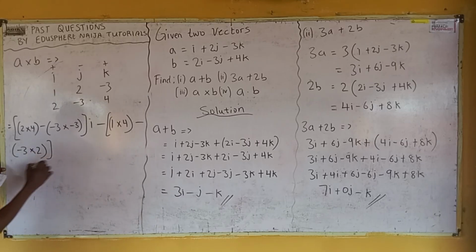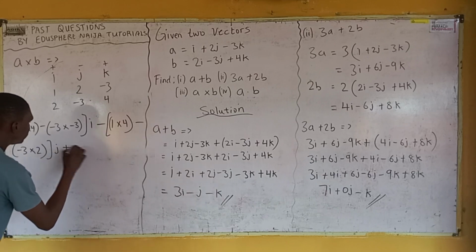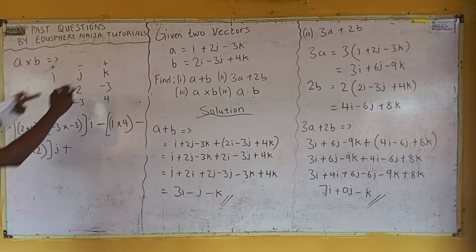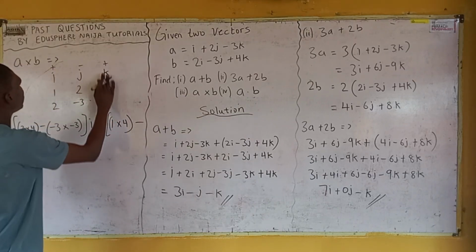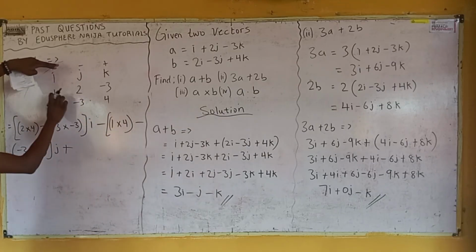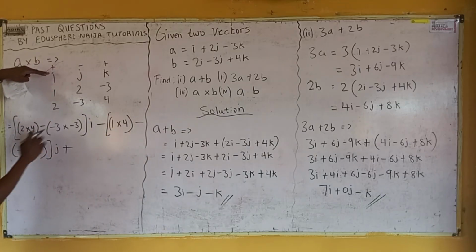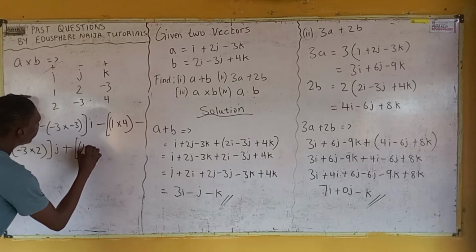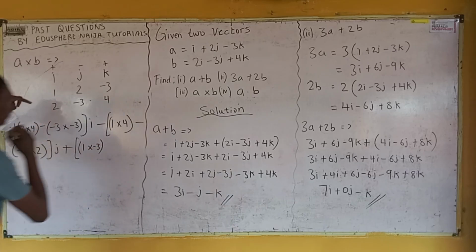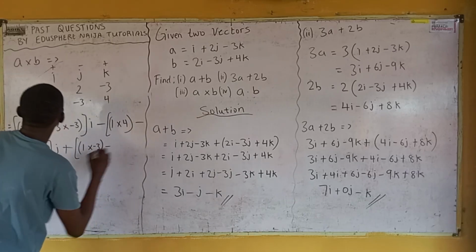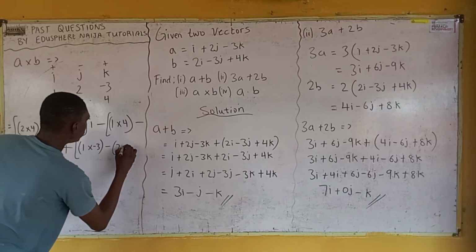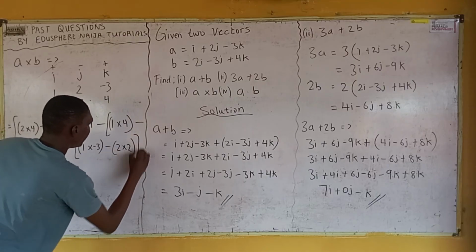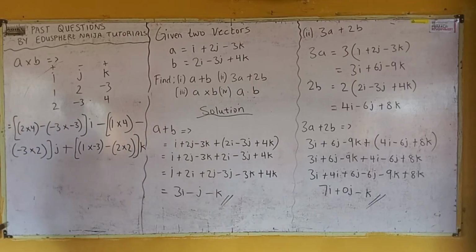And this is for the j. Then the next one is the k. For the k, we are going to cover the vertical on the k. What do we have left? We have 1, 2, 2, minus 3. So that will be your square bracket, 1 times minus 3 in brackets, minus open bracket 2 times 2. And that is for our k.